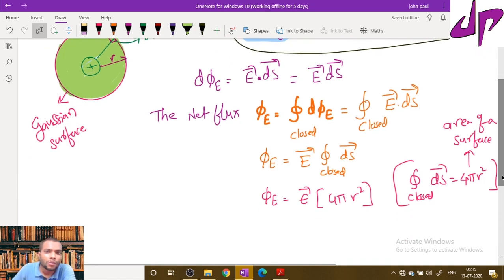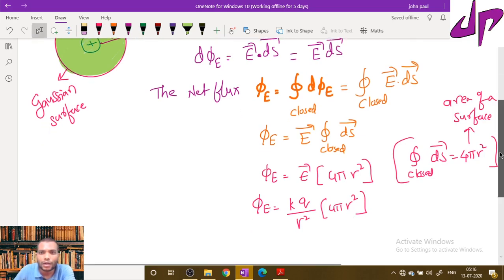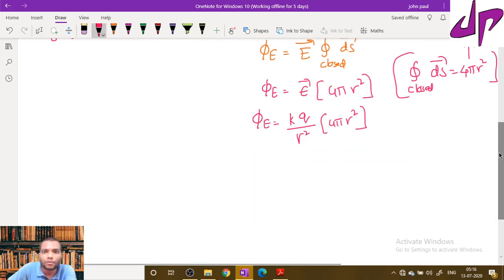Now we can plug in the value of the electric field at that point, which is k q by r square, times 4 pi r square. Now substitute the value of k.